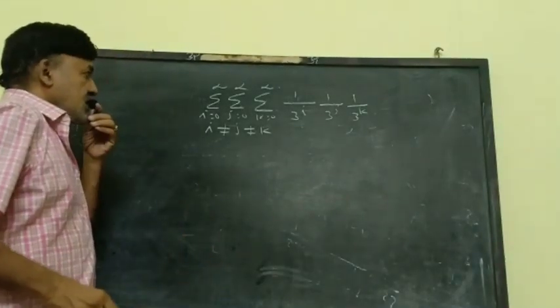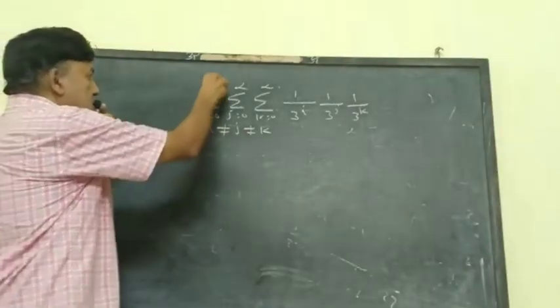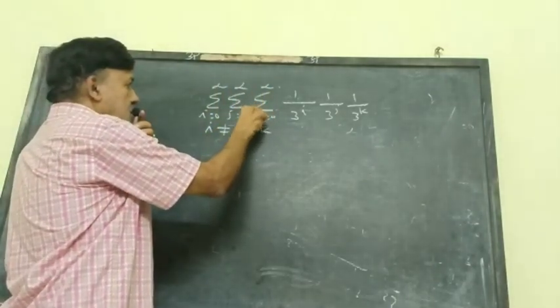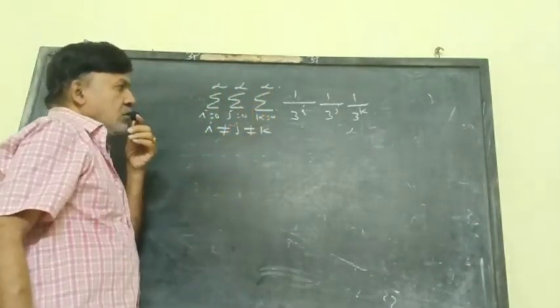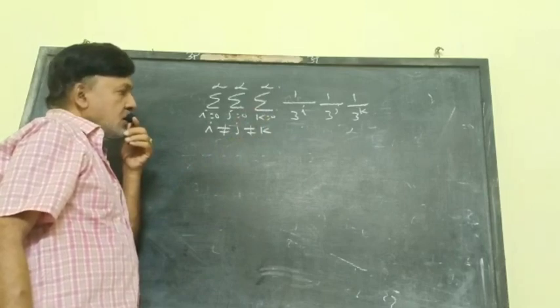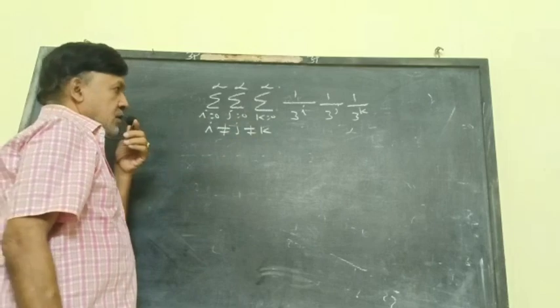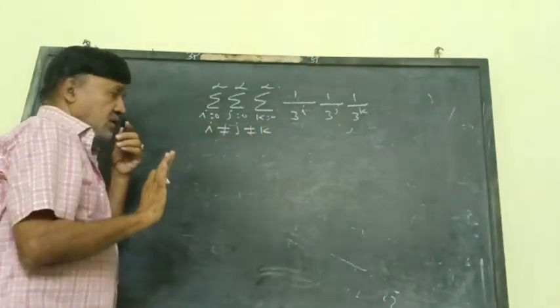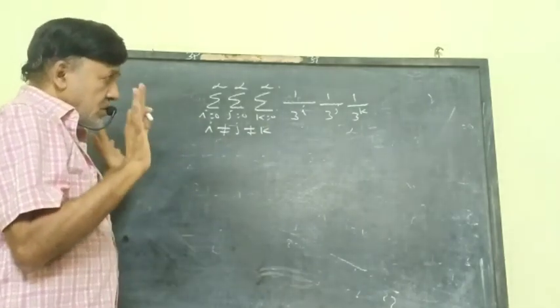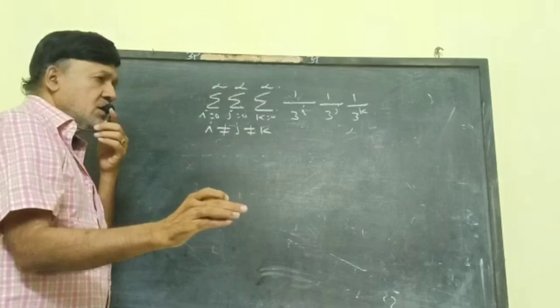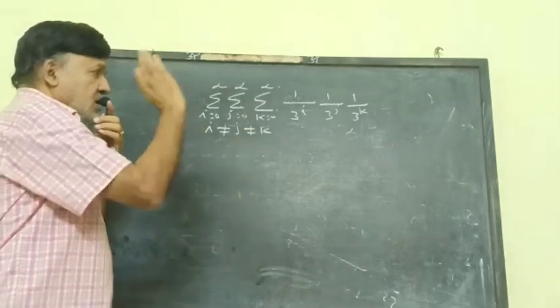See, the next question is the sum over i equal to 0 to infinity, j equal to 0 to infinity, k equal to 0 to infinity, of 1 by 3 power i into 1 by 3 power j into 1 by 3 power k, with i not equal to j not equal to k. There is some restriction on i, j, k here. First I am going to calculate without any restriction on i, j, k. Each ranges independently.